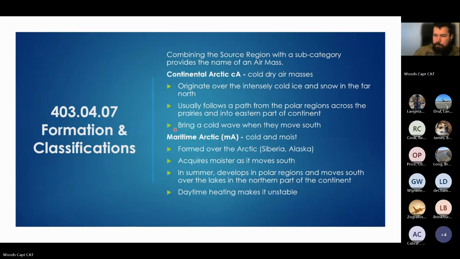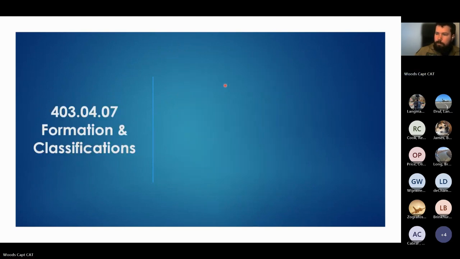But really, the key thing to keep in mind from this lesson is that it's categorized. They have the two categorizations, which tell us whether the air mass is humid or not, and how cold it is. Then maritime polar means that it is cool.